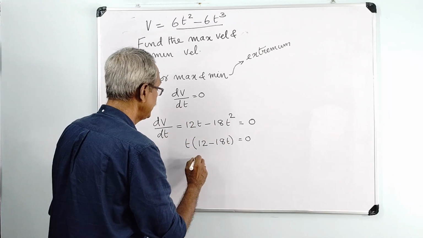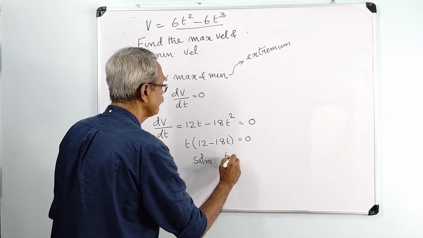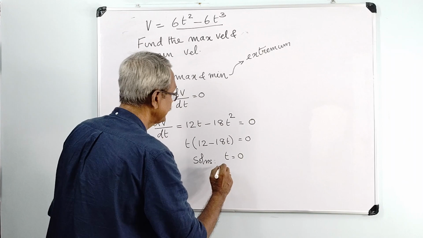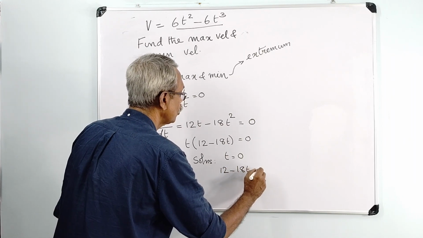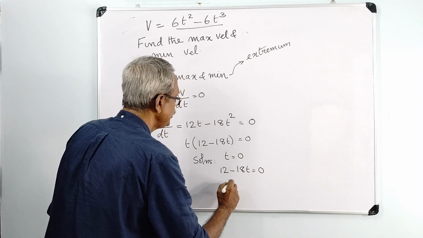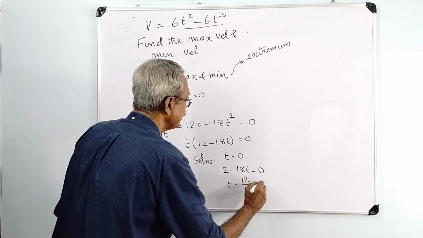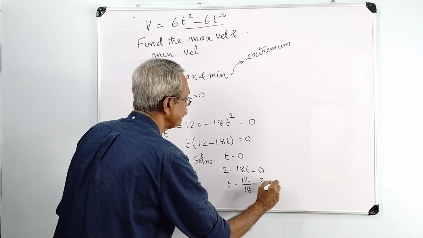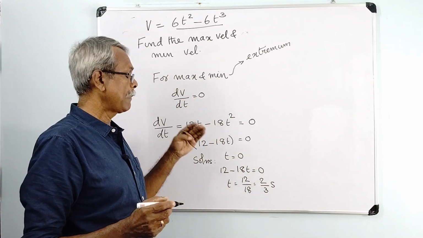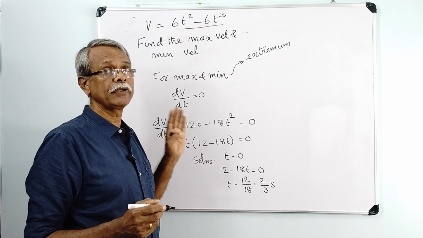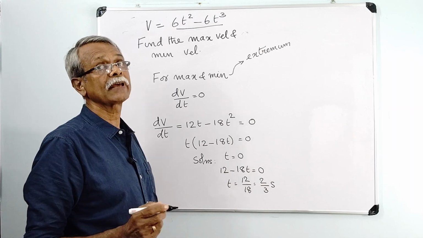One solution is t equal to 0 and the other solution is 12 minus 18t equal to 0, or t is equal to 12 divided by 18, which is equal to 2 by 3 second. Therefore, the particle will acquire maximum velocity or minimum velocity at time t equal to 0 and time t equal to 2 by 3 second.